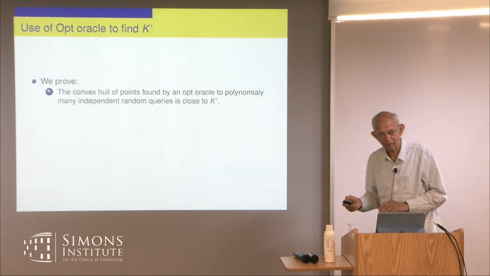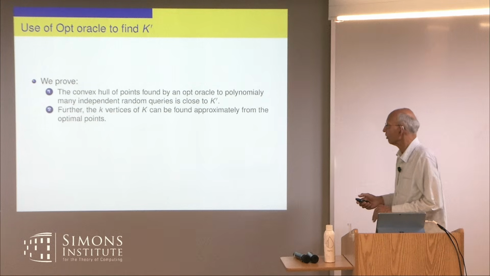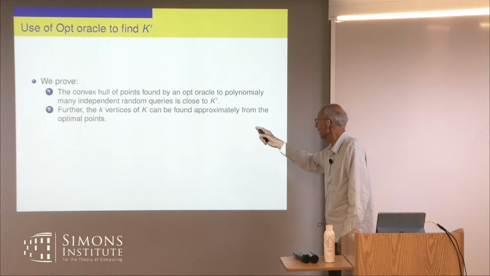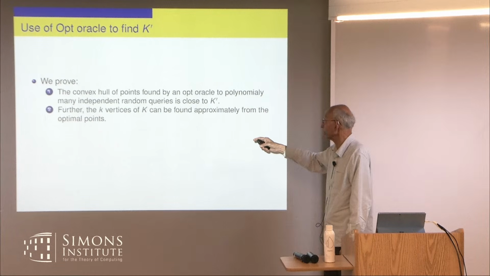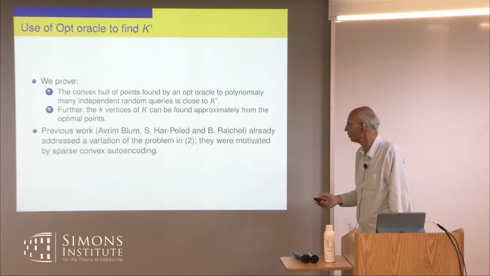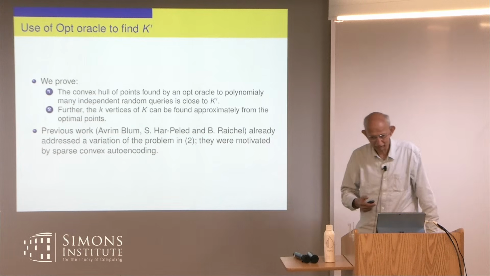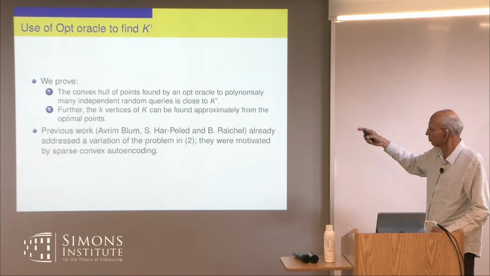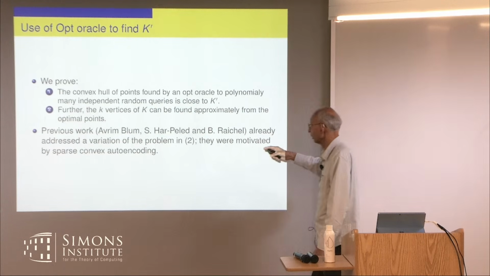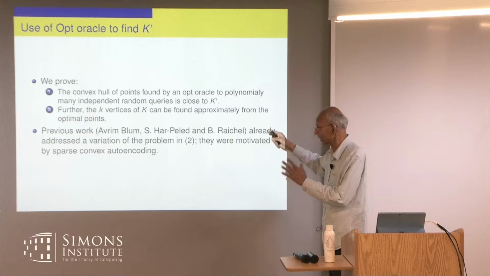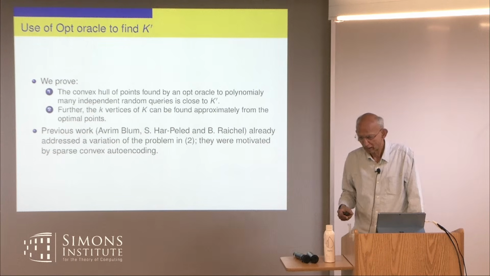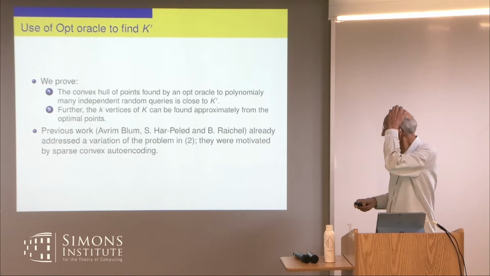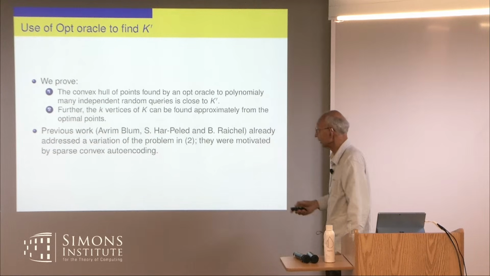Again, I'll have a picture. Further, the k vertices of K can be approximately found from the optimal points. This is a connection to Avram. The second part was previously done by Avram and co-authors, actually a nice paper with some other things as well. They were motivated by something different, but they did this.